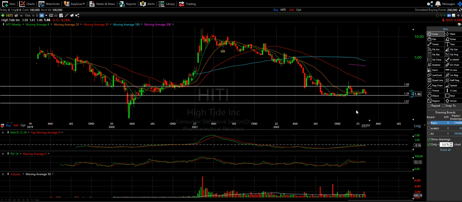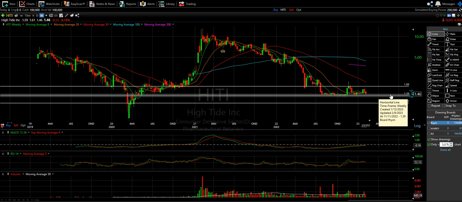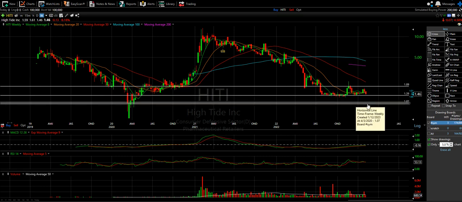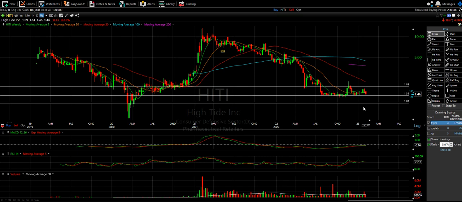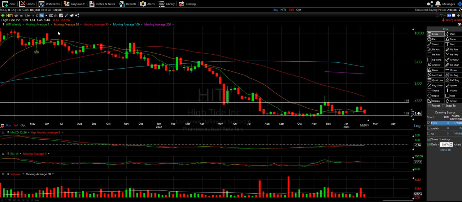So 139 is a really important number to hold. 107 is obviously just super critical, and that's a pretty heavy drop, by the way, from 139 to 107. I know it only looks like a couple cents, but 13 cents is 8%, right? So that's a decent way down.